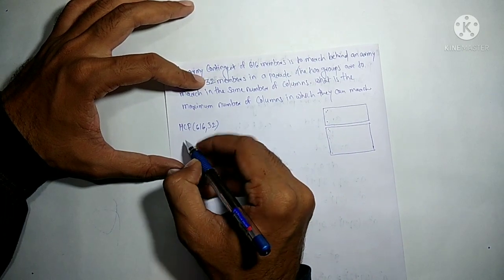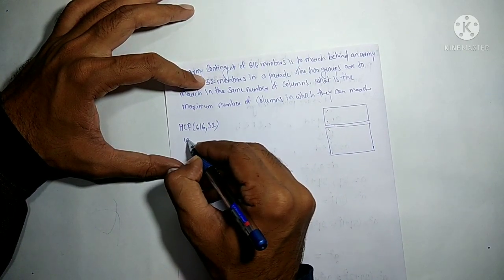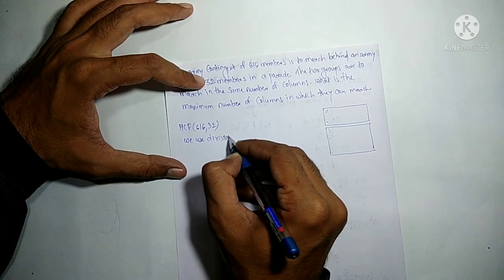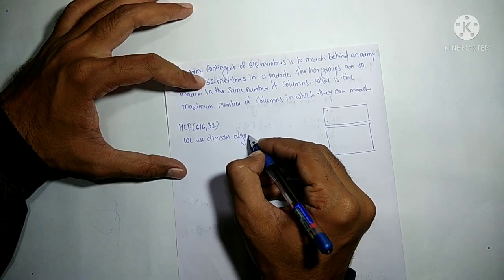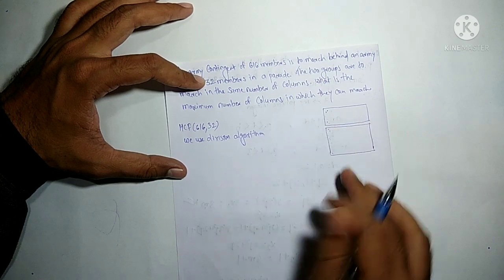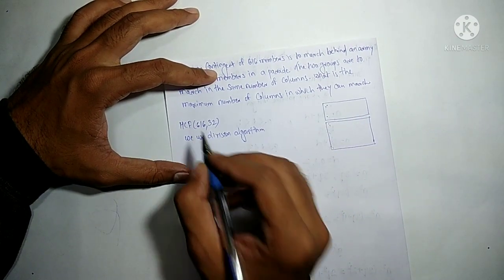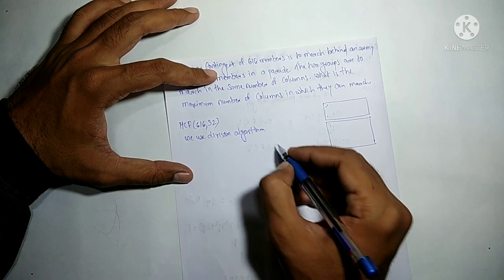Simply we use the division algorithm, in which the larger number is divided by the smaller number.